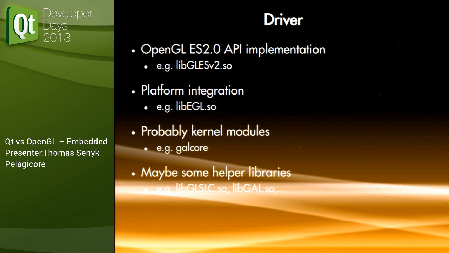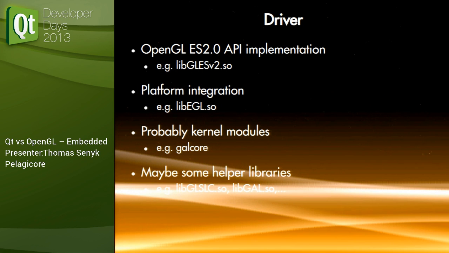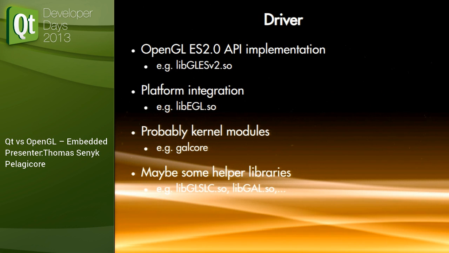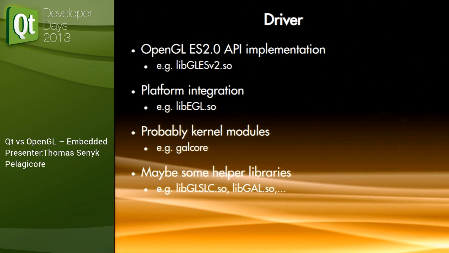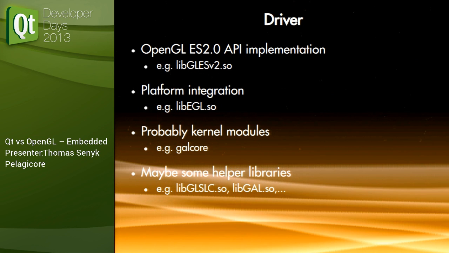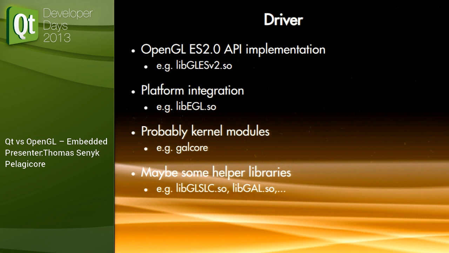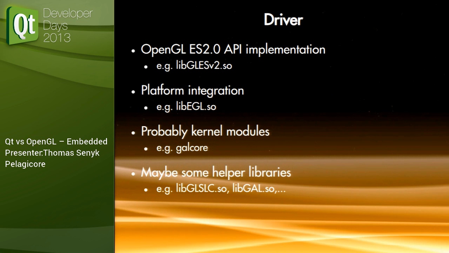The second part is the platform integration, to be able to run on a specific platform, on X11, Windows, Mac, whatever, to be able to get something to the actual screen. You need an integration. And one example is EGL. We will talk more about that in the next section. On Linux, that's typically named libEGL.so.